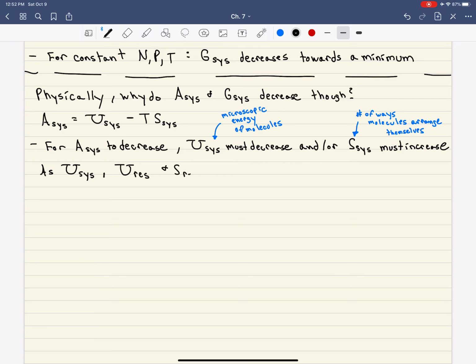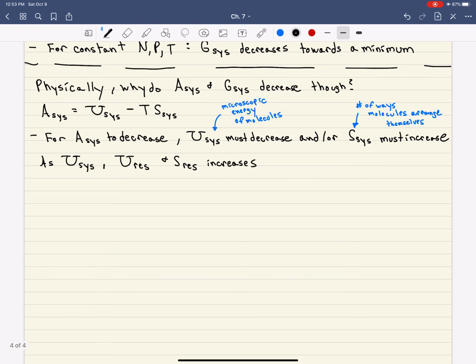And that energy can either increase the internal energy of the reservoir, or it goes into increasing the entropy of the reservoir as well. And so that's why, in the end, even if the internal energy of the system is decreasing, that leads to an overall increase in the entropy of the universe. Okay? All right, and so that's why we see that for these constant NVT systems, the Helmholtz energy will decrease as the system goes towards equilibrium.